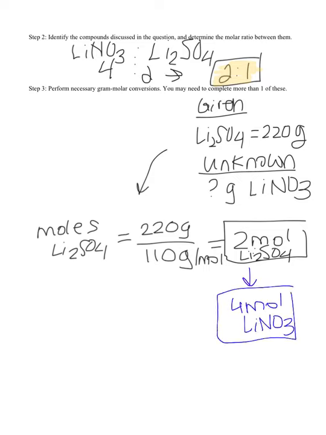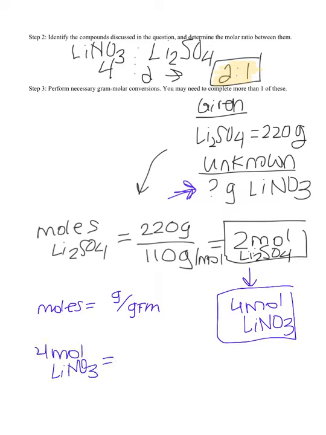Now, the question is asking us for grams of LiNO3. So what I'm going to do is plug this into the same formula I've been using. So if I were to just write that formula down, just so that we all remember, we're looking at Table T, it would be moles equals grams over gram formula mass. So the moles are given to me, so I have 4 moles of LiNO3.